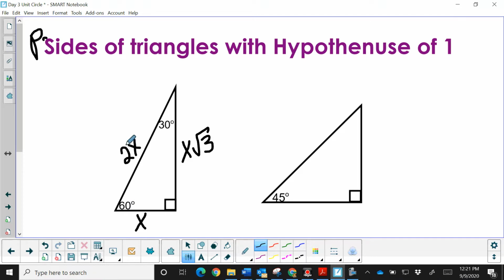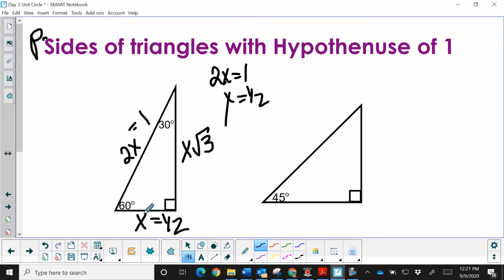So what happens if we have our hypotenuse with a value of 1? Well, if you take 2x and you set it equal to 1, that means x, or the short leg, would have to be 1/2. So that makes this side 1/2.